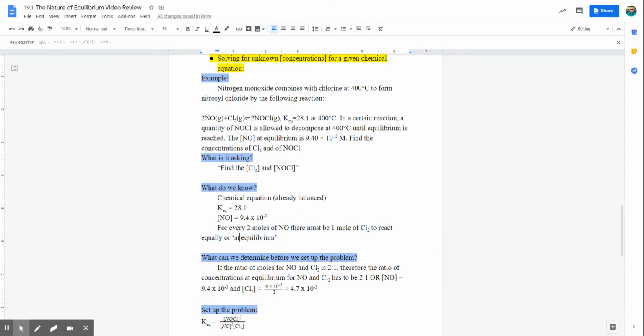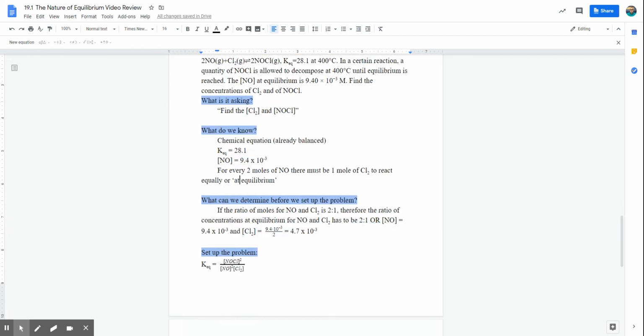Why is that going to help us? Well, you'll see in a minute. So before we set up the problem, we have to do something. If the ratio of moles for nitrogen monoxide and chlorine is 2 to 1, then the ratio of the concentrations at equilibrium for nitrogen monoxide and chlorine has to be 2 to 1.